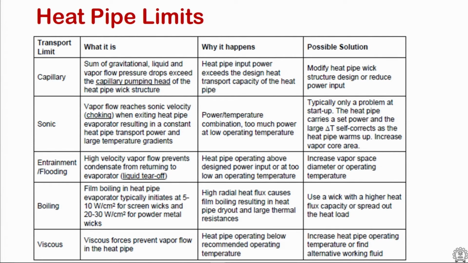So, that is the entrainment limit, carrying the condensed liquid back to the condenser and not allowing the liquid to reach the evaporator. And if there is boiling happening in the evaporator section, sometimes the bubbles that are generated create lots of dry spots and do not allow liquid to reach the nucleating sites. So, that is the boiling limit.